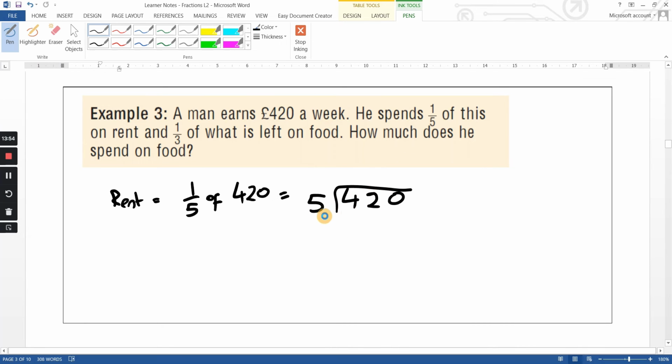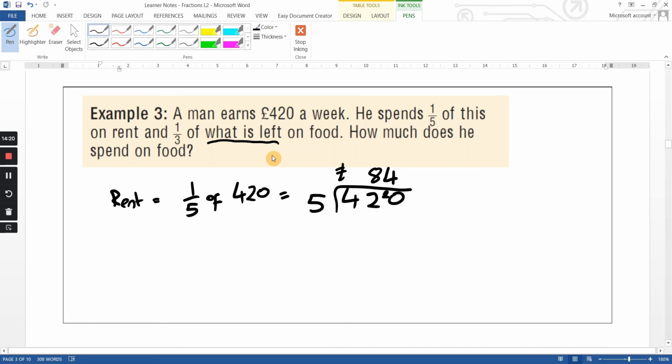5 into 4 doesn't go. 5 into 42 is 8, remainder 2. 5 into 20 is 4, so that's £84 on rent. And a third of what is left. Let's work that out.